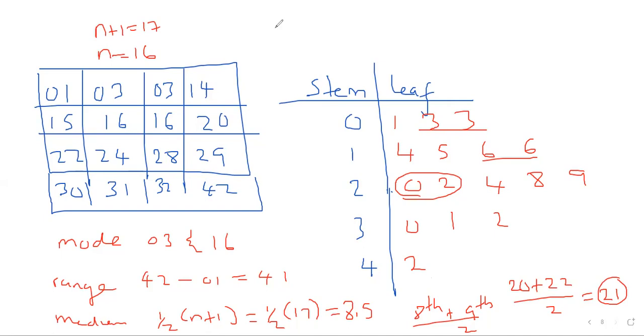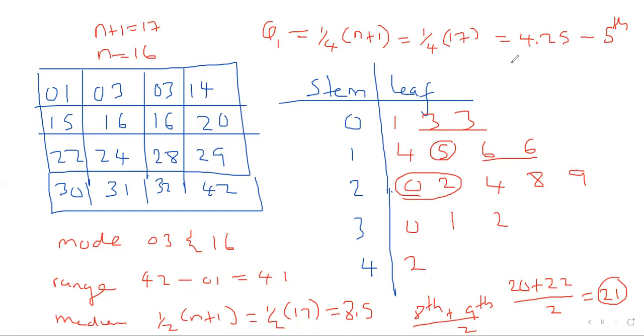And we go to the lower quartile, a quarter of what? A quarter of 17. So 17 divided by 4 is 4.25. Remember, in short, 1, 2, 3, 4, 5.